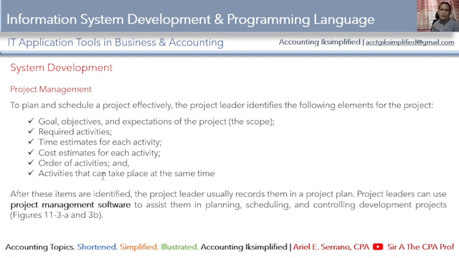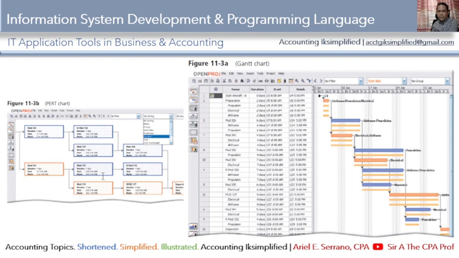Now, usually, they use project management tools or project management software. Kagaya ng makikita ninyo dito, to manage and to control the activities. We have the Gantt chart dito sa kanan and then we have the PERT chart dito sa kaliwa. Pag medyo malabo lang ito, pero ang Gantt chart, ang makikita ninyo dito ay yung mga listahan ng mga activities na gagawin na naka-organize from beginning to the end.